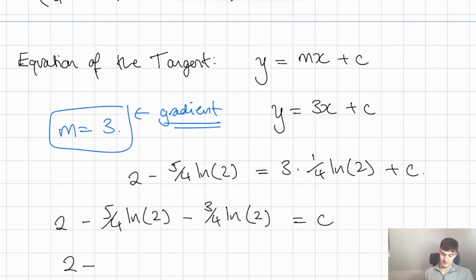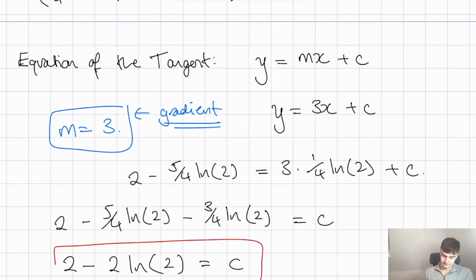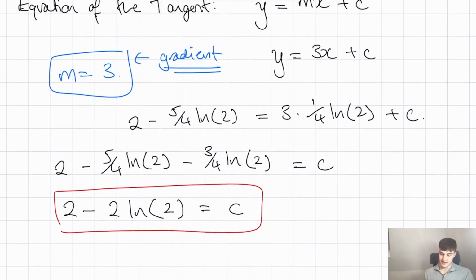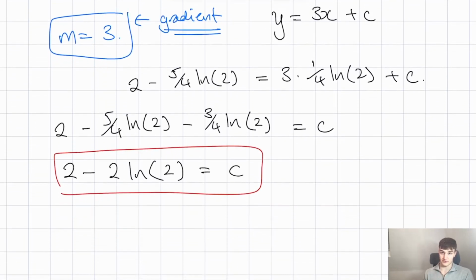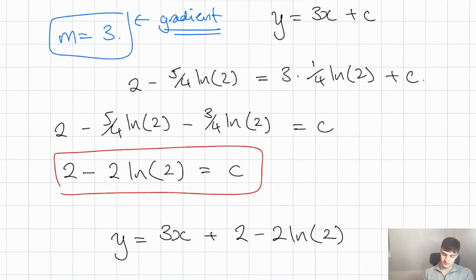So let me put that together: 2 minus 8/4, which is 2, ln 2 is c. Putting that all together, we now have that our equation of the tangent must be y is equal to 3x plus 2 minus 2 natural log of 2.